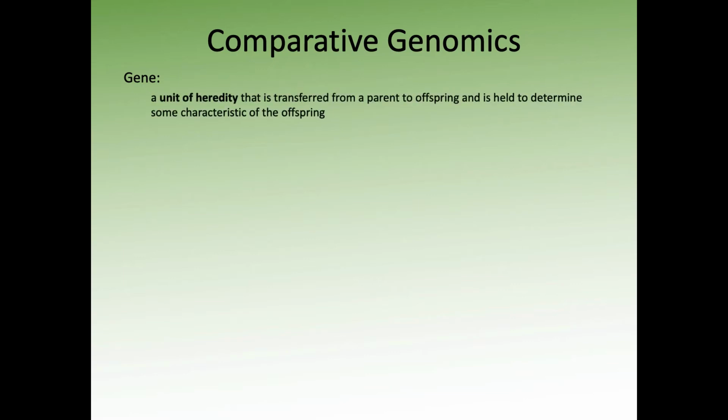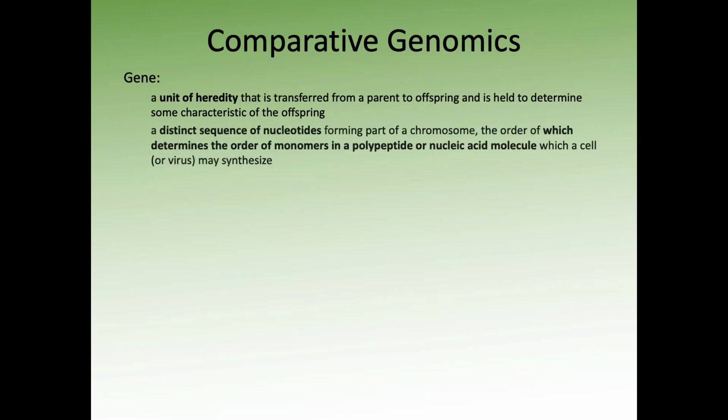And if we think about this, what is a gene, right? A good way to think of a gene is a unit of heredity. And that unit of heredity is then transferred from parent to offspring. And it has some sort of characteristic that it then conveys to that offspring. We can also take the concept of a gene and make it a little more distinct.